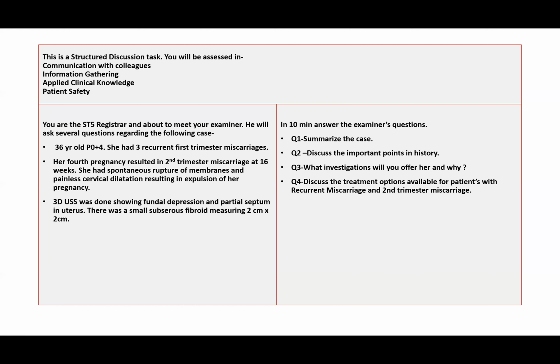As the patient has a history of second trimester miscarriage at 16 weeks, I would like to offer her serial surveillance of cervical length from 14 weeks onwards. If cervical length is less than 25 millimeter before 24 weeks, then ultrasound indicated cerclage should be offered.